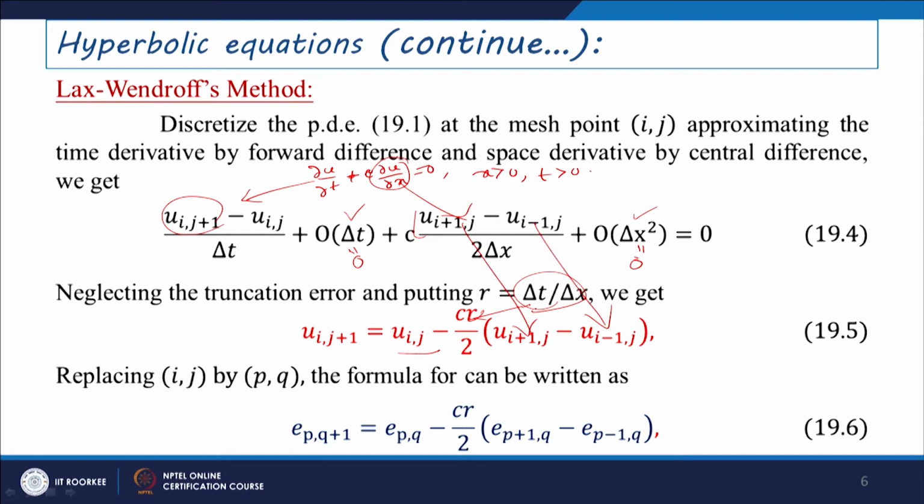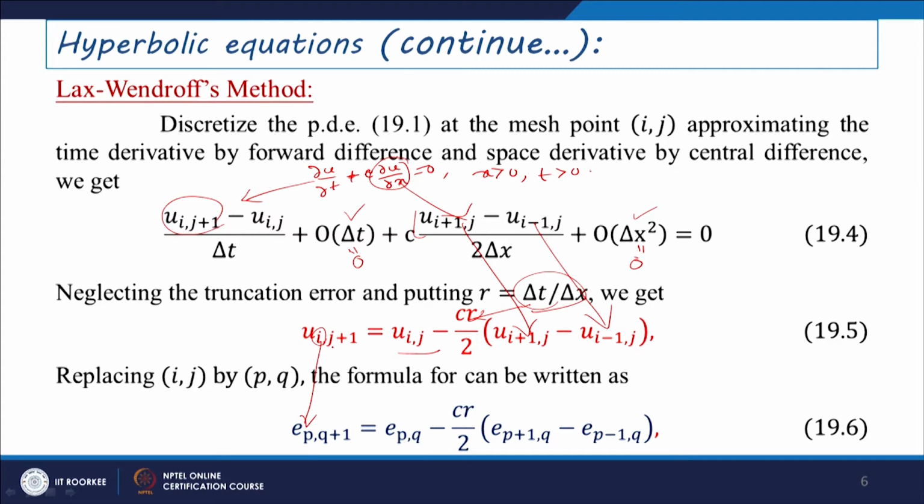And we replace this ij coordinate by pq to obtain the error terms as we defined in our earlier lectures, that is, i is replaced by p and j is replaced by q.